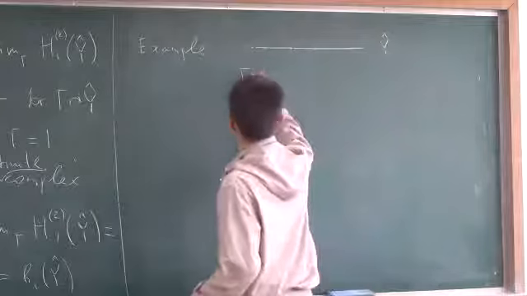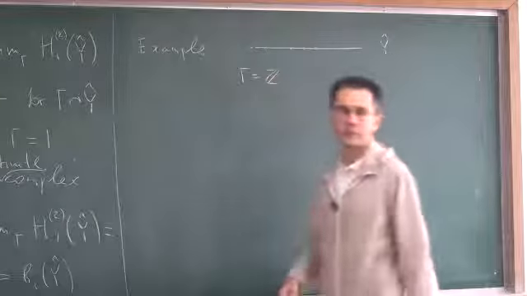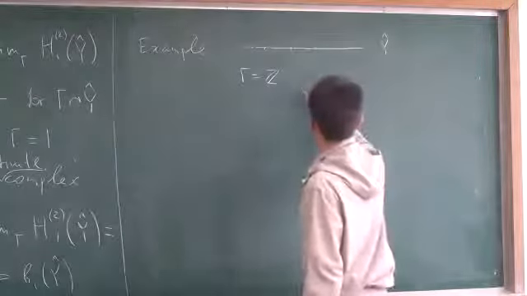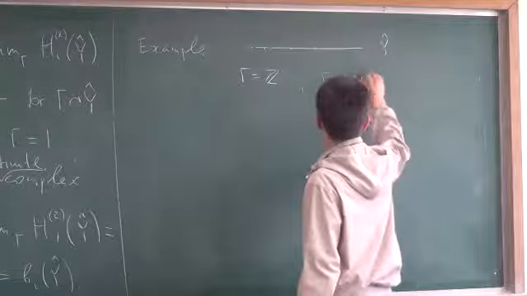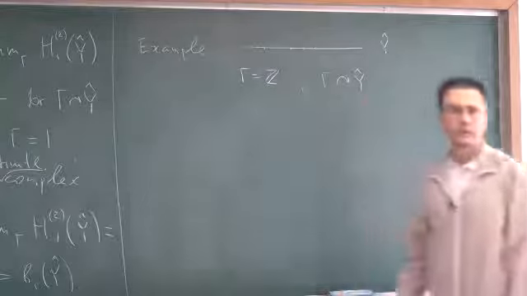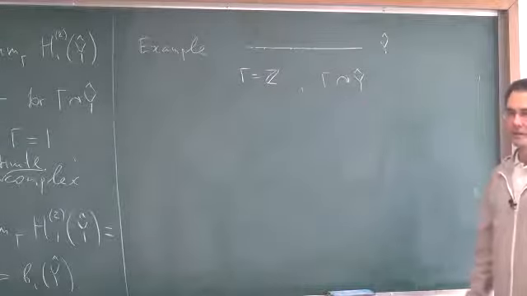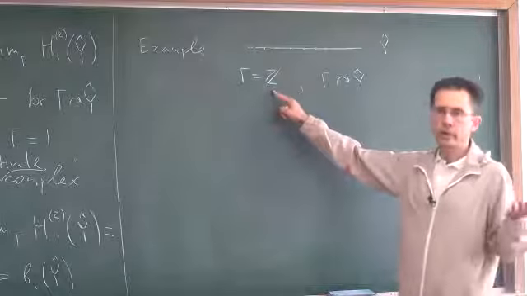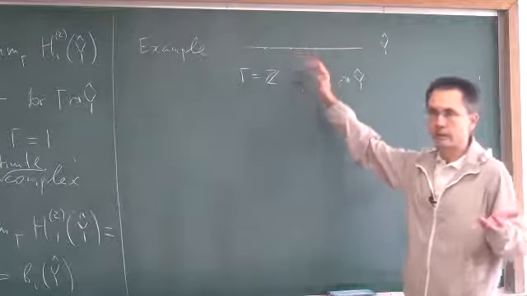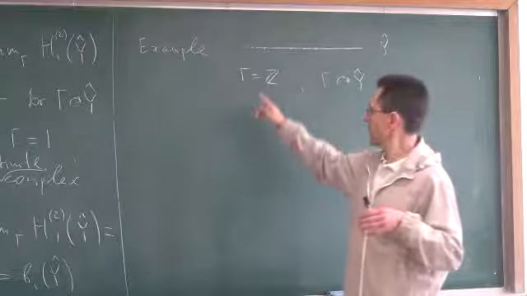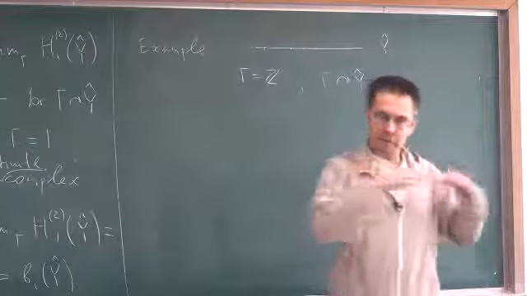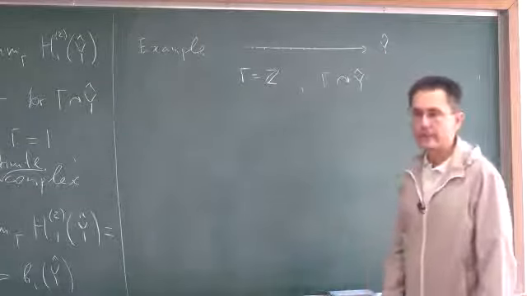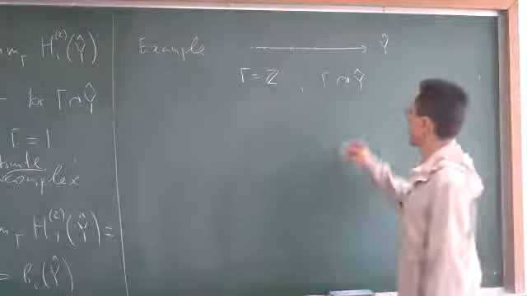And let's take gamma to be the group of integers. So this gamma acts on Y hat in the obvious way. What's the action? If you pick number 5, say, then you translate this line to the right by 5. So it's the translation action.